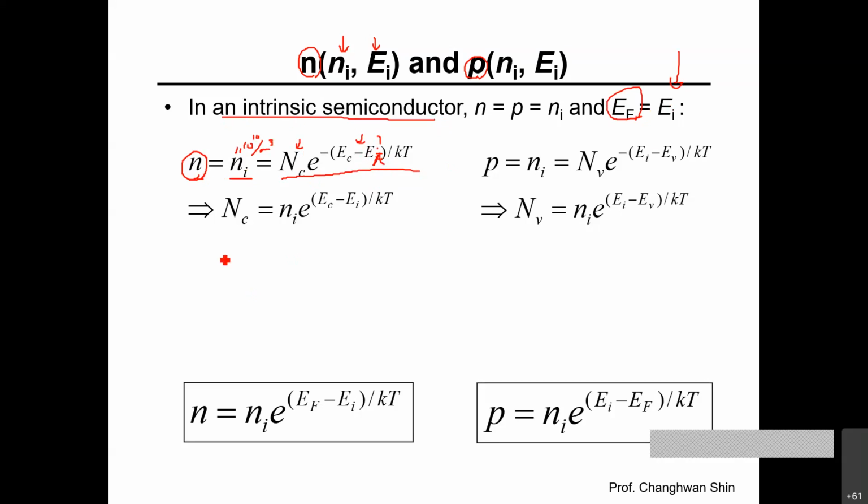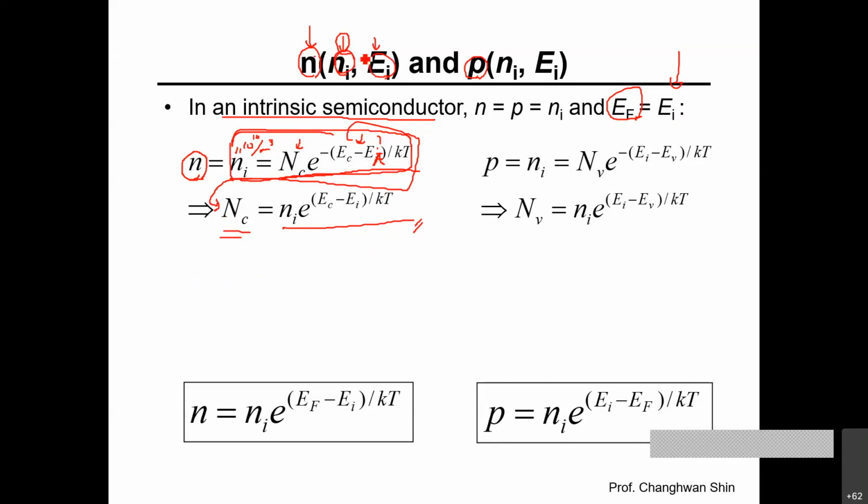Then from this equation, let's derive the effective density of states for the conduction band. N sub C is equal to this. The final destination is to write down the equation for electron concentration as a function of n sub i and E i.